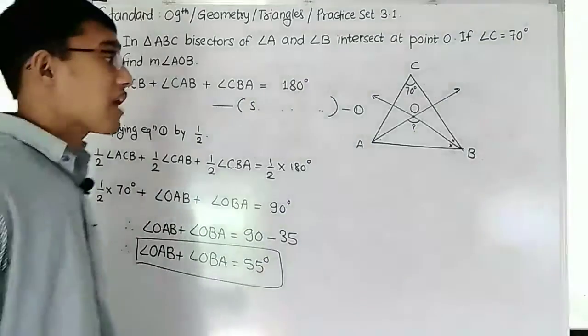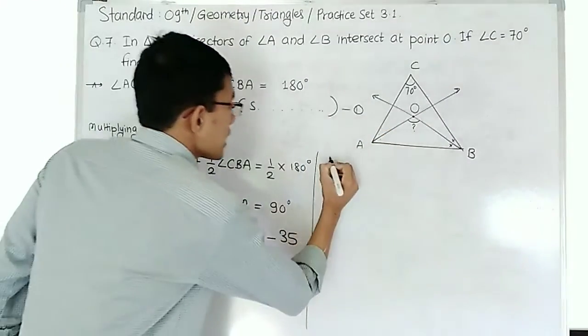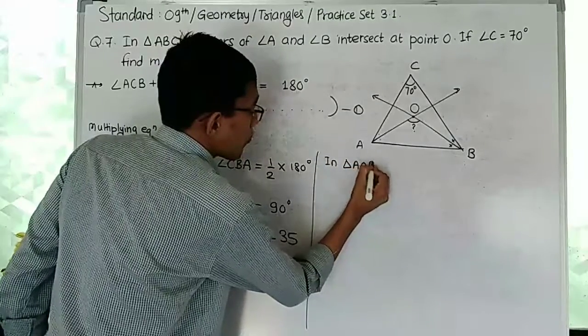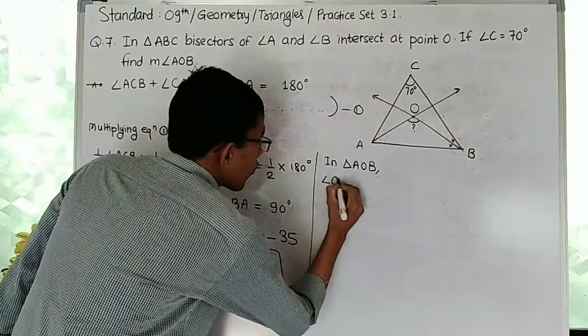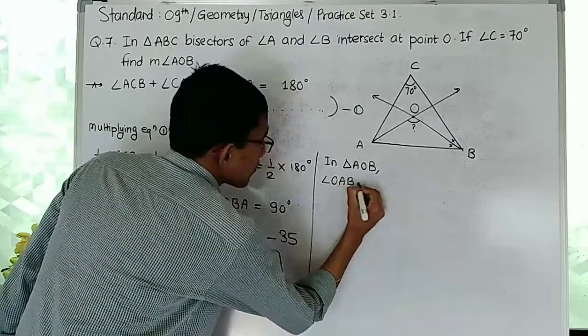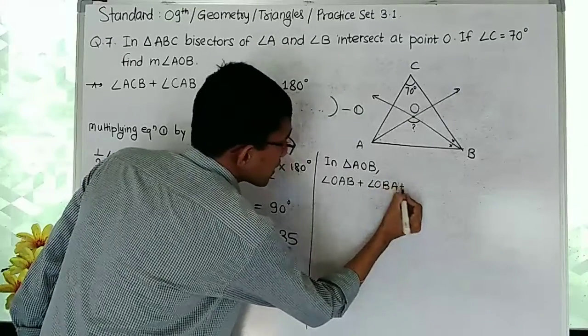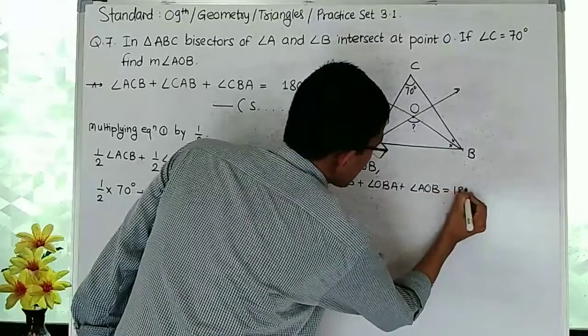What we have to find? We have to find the measure of angle AOB. So now I will take in triangle AOB, angle OAB plus angle OBA plus angle AOB is equal to 180 degrees.